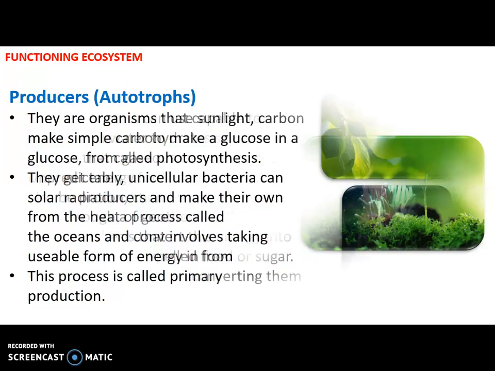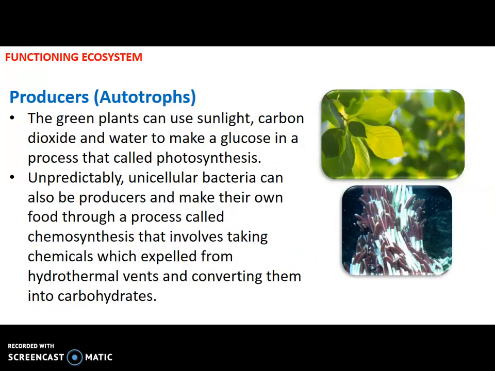Now, the conversion of solar energy into sugar occurs in green plants, because green plants are the ones that convert solar energy into sugar. They do this through the process we call photosynthesis. We still have other organisms like cyanobacteria that have the ability to synthesize chemicals.